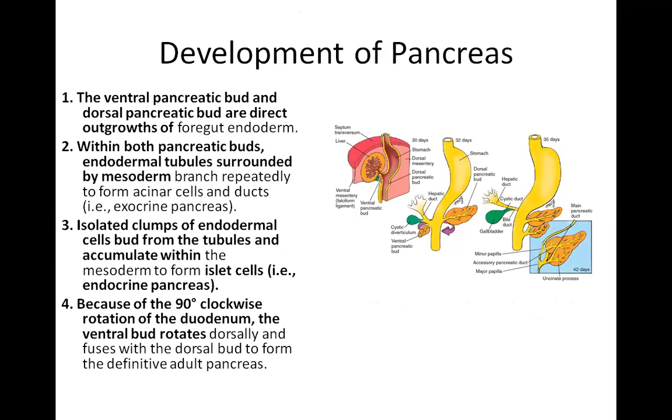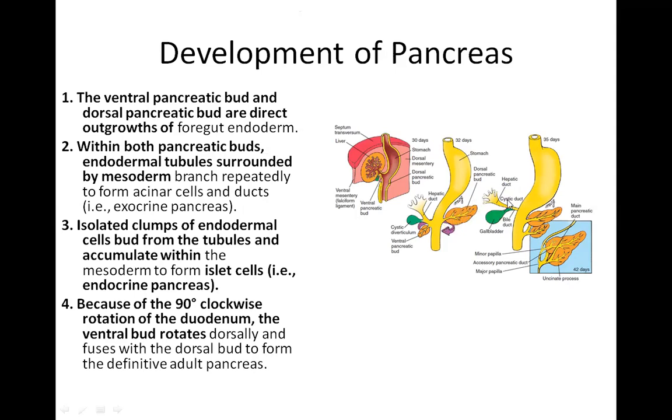Now, the development of the pancreas. This is the most frequent question which is being asked to you all. So the primitive foregut gives two buds: one is the ventral pancreatic bud and one is the dorsal pancreatic bud. The ventral bud is given in the ventral mesentery, the dorsal bud in the dorsal mesentery.